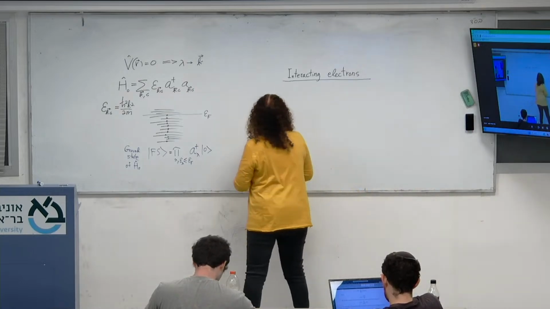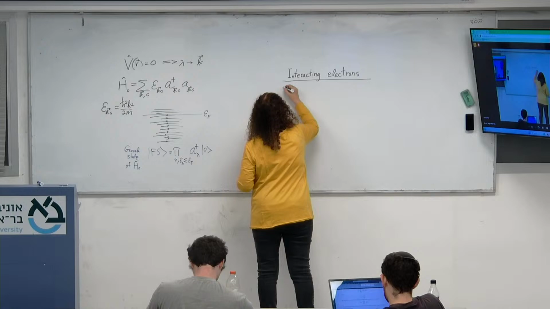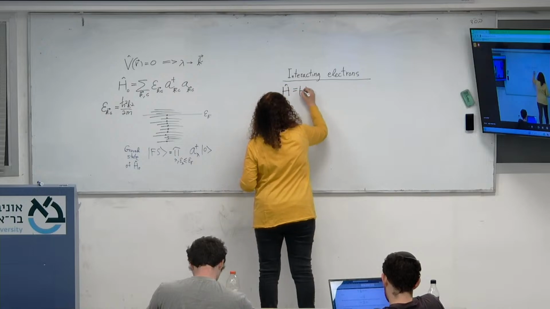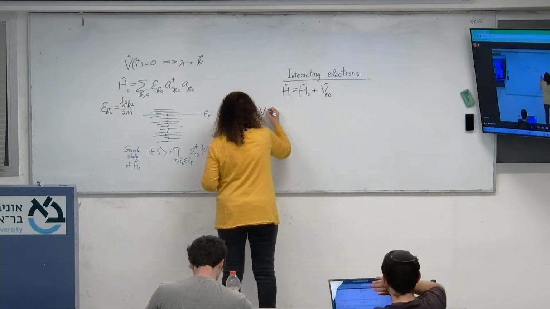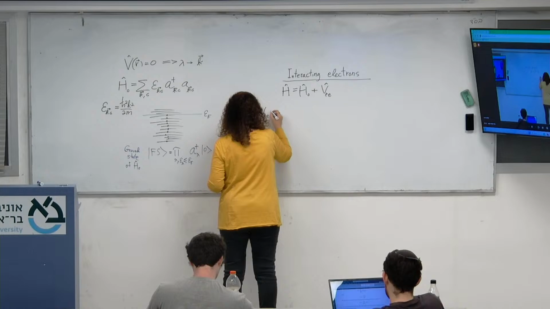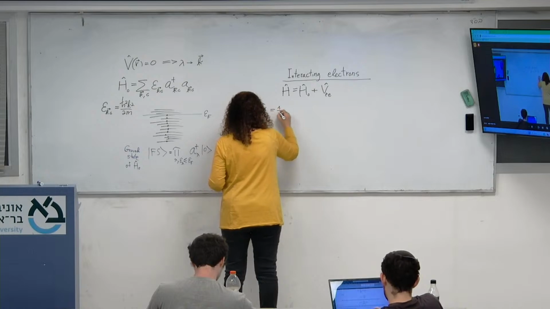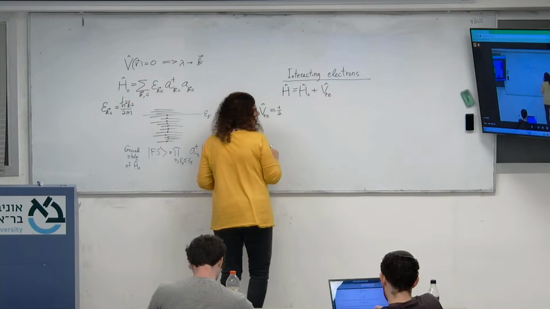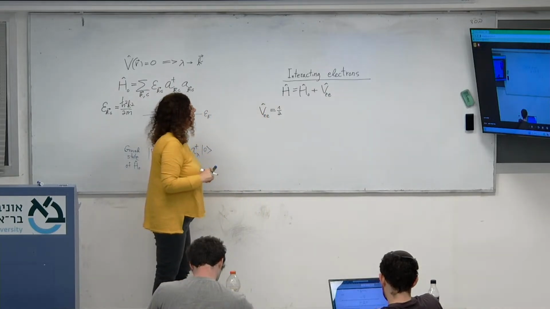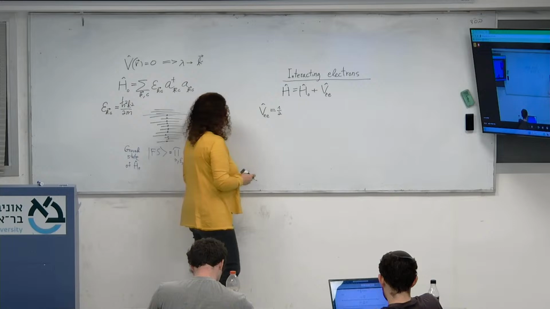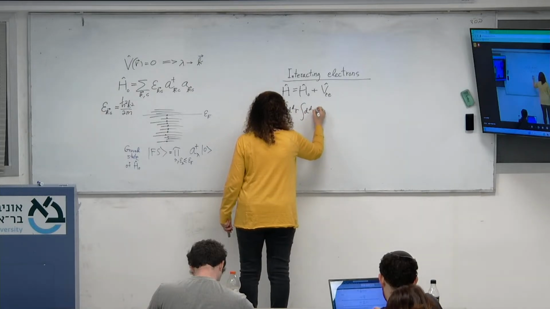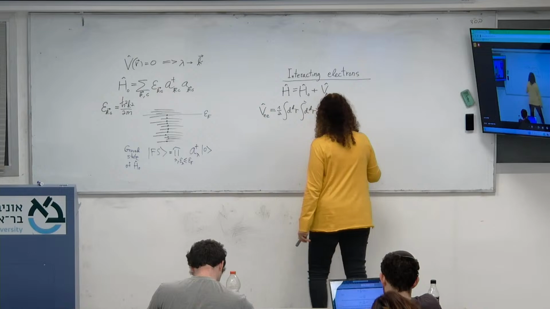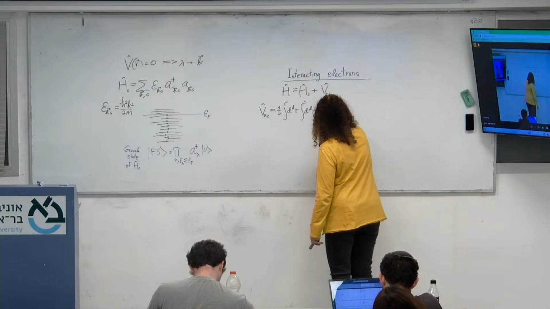So now let me write the interaction. I'm just reminding that H is H naught plus V E, and now I'm writing V E. To start with, I write it as a density-density interaction that we had before. So it's an integral over two coordinates. I call them R and R prime.